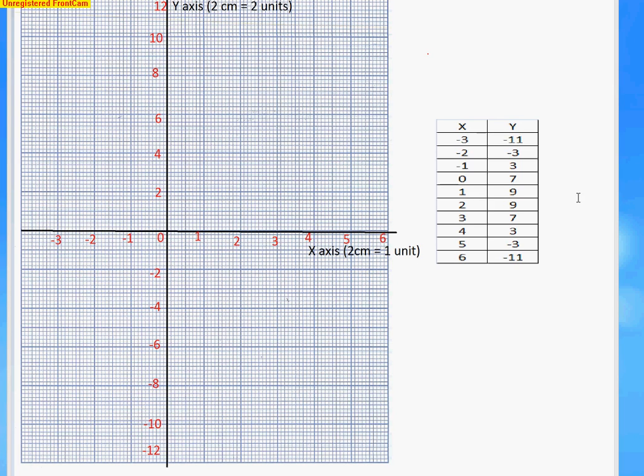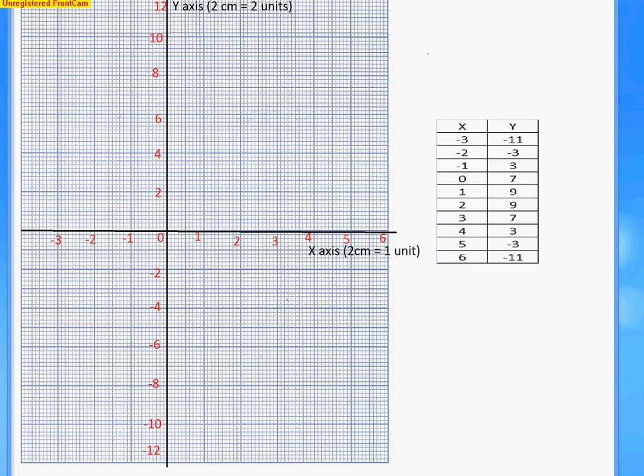When x is equal to negative 3, y is equal to negative 11. So this will be this point right here, and I'm just going to put a little circle to represent it. It's good to use circles to represent the points as you do your graphing so that you can plot well.